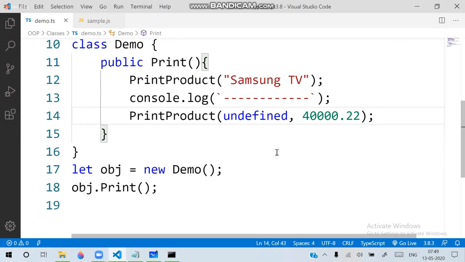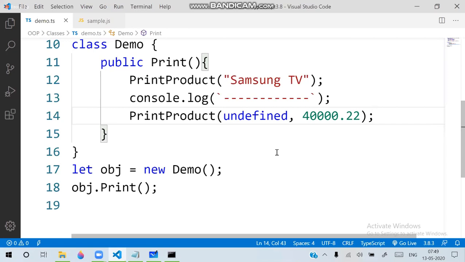So why are you saying they are optional parameters? Optional means they can be left as undefined. It doesn't mean that they can be ignored. I hope you understood. By default, if you are not writing it, then automatically it will be set to undefined.